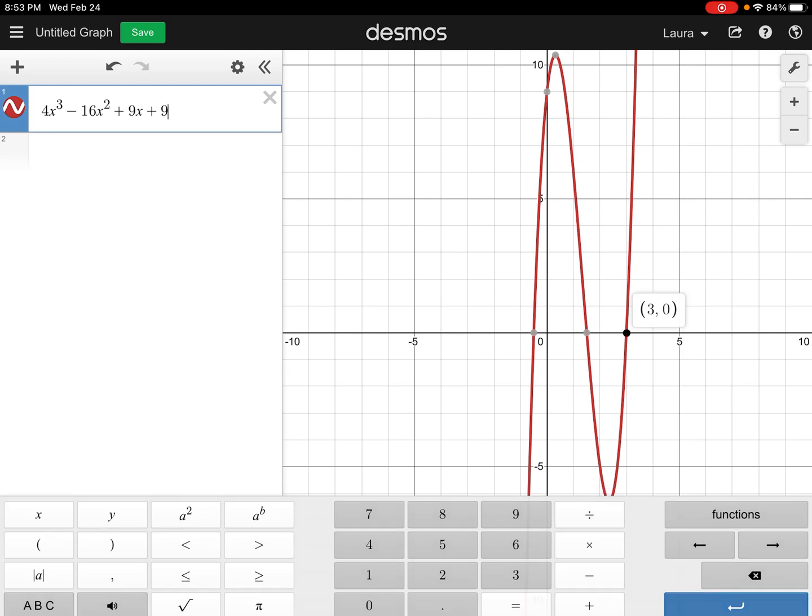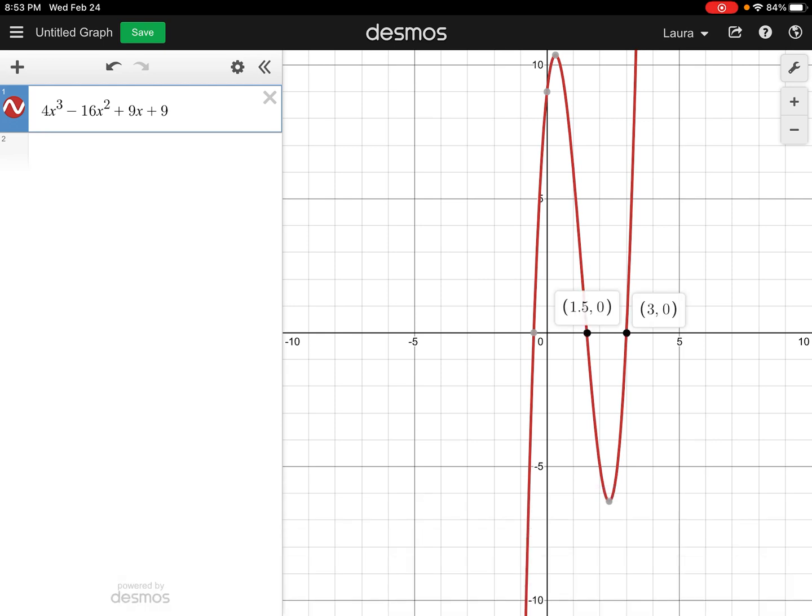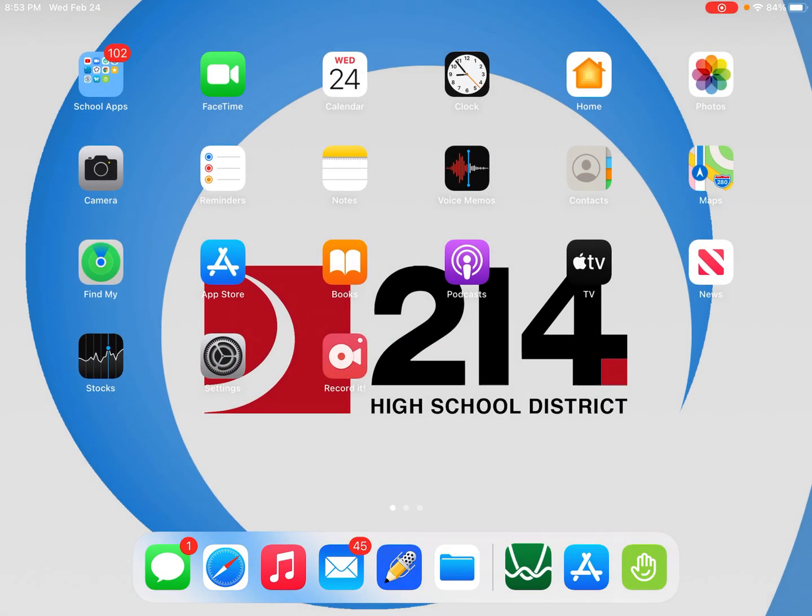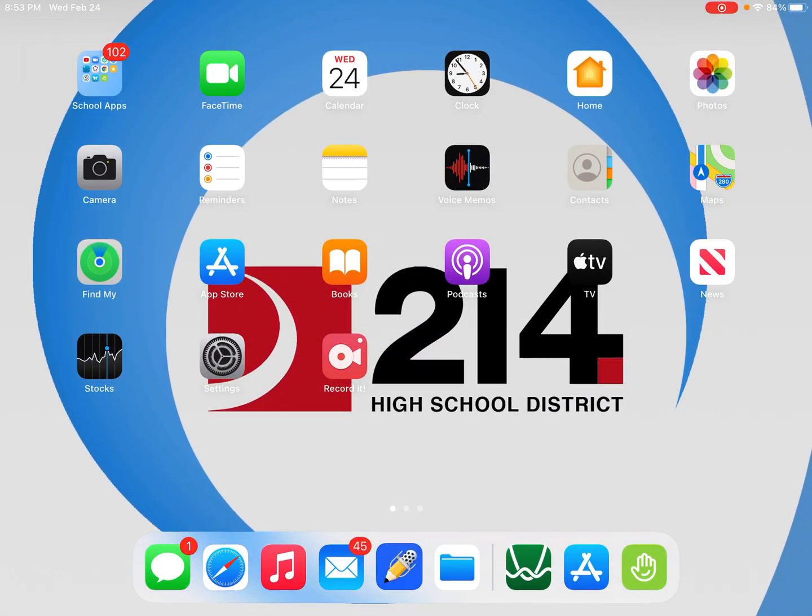Okay, let's see if we can find one. So we've got one at 3, one at 1.5, and one at negative 0.5.